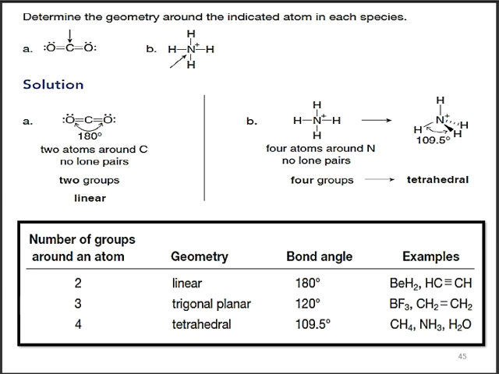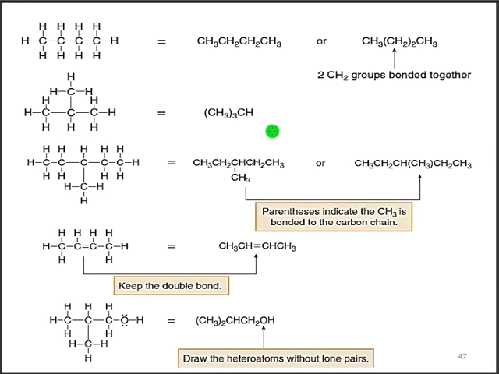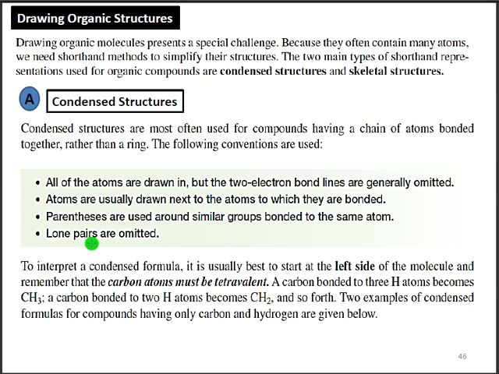Look, CH3, CH2, CH2, that means this CH2 is like this CH2. We can write it like that, CH3, CH2 by 2, CH3, to be shorter, because this is a condensed structure. Lone pairs are omitted. There is no need to draw the lone pairs on the atoms.